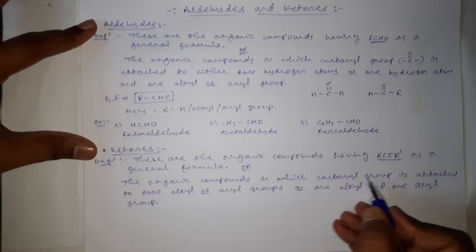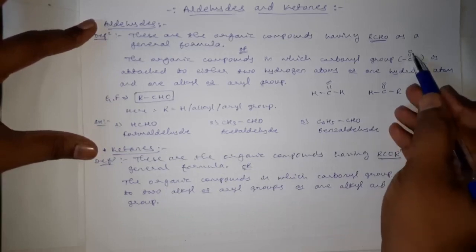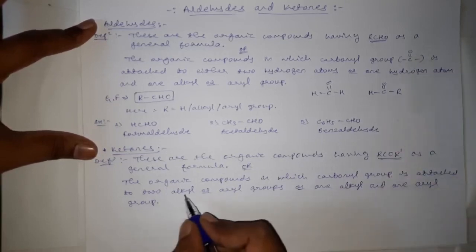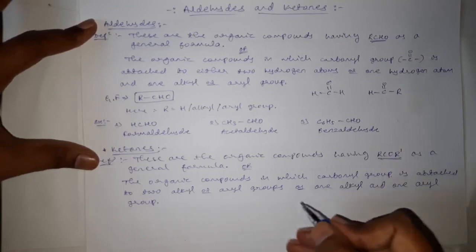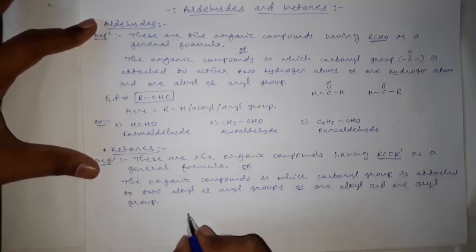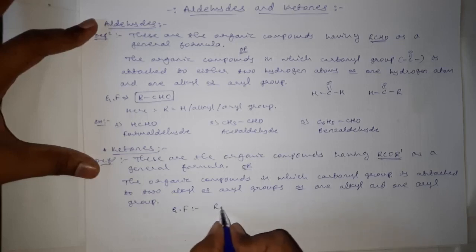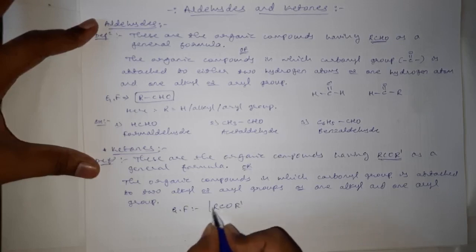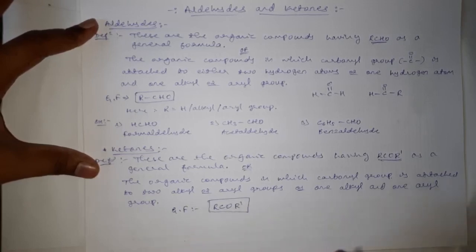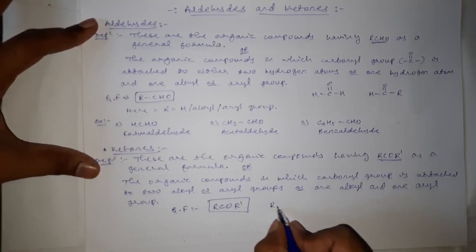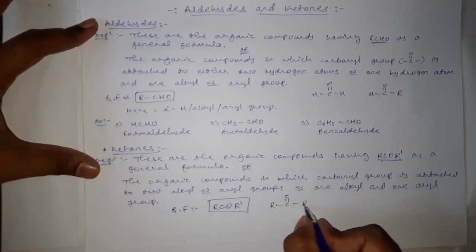Or the organic compounds in which the carbonyl group, that is a C double bond O group, is attached to two alkyl or two aryl groups. We can take the general formula for ketones as RCOR dash. This is the general formula for ketones. This we can write RC double bond O R dash.